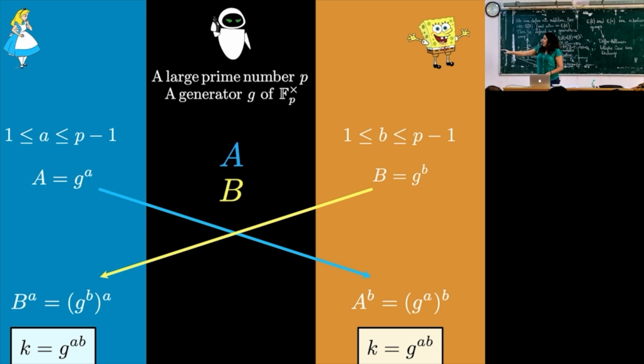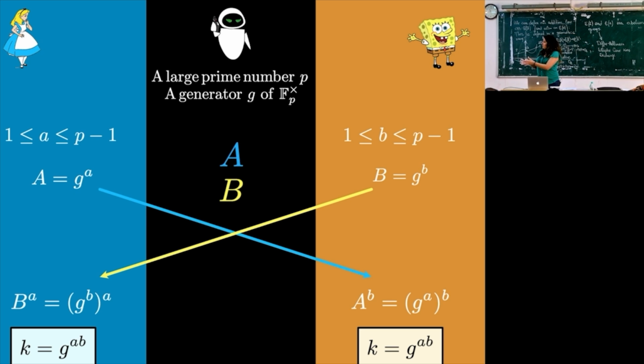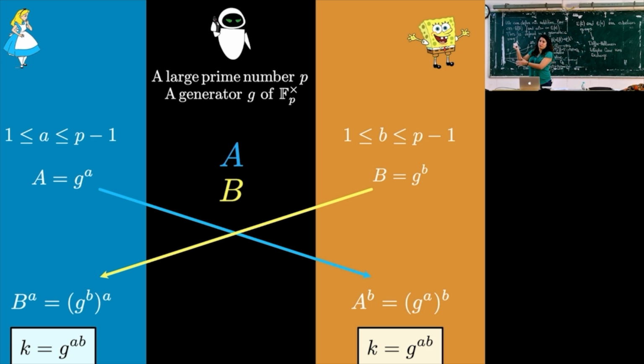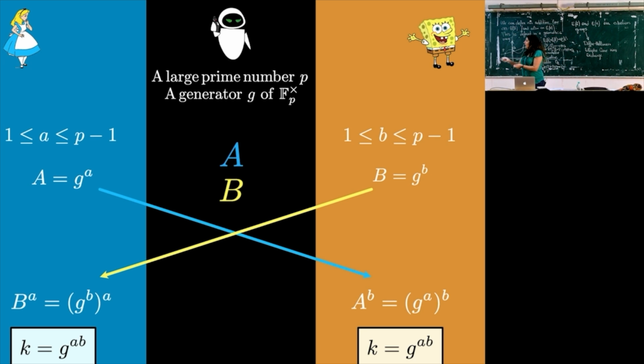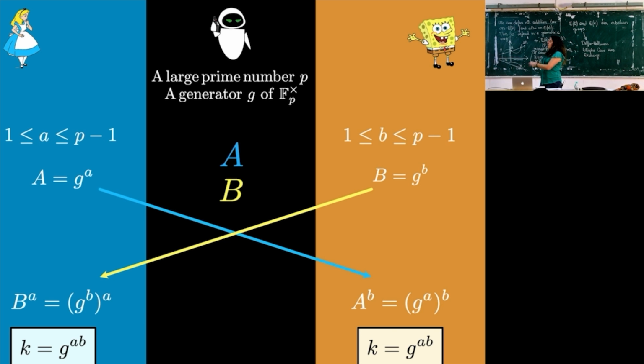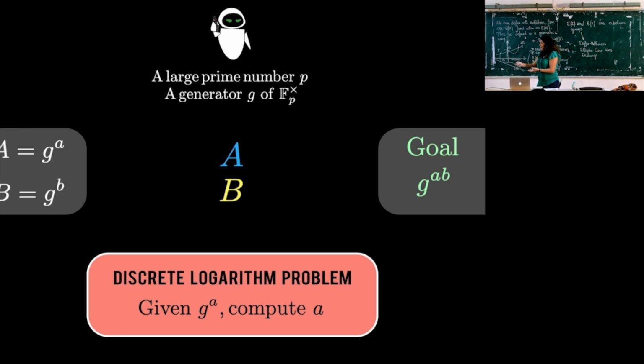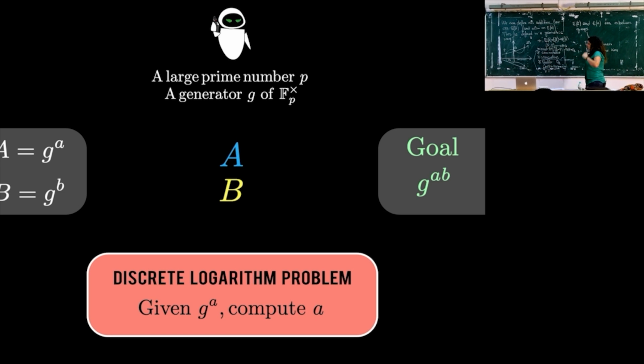Then Alice takes B, what she received from Bob, and raises it to the power of a. So she computes (G to the b) to the a. Same thing for Bob: he computes A to the b, which means (G to the a) to the b. But by multiplying G by itself b times and then a times, these two elements are actually the same, and so they secretly get their key, which is G to the a times b.